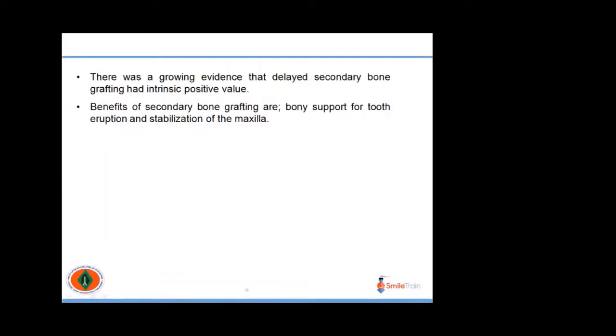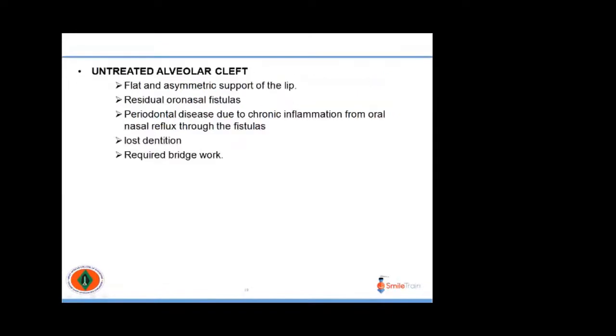What are the problems with alveolar cleft if it's not treated? We have flat and asymmetric support of the lip, residual oronasal fistulas, periodontal disease due to chronic inflammation from the oronasal reflux through the fistulas, and there may be a possible loss of some teeth, which might later in life require bridge work, dentures, or some other procedures to replace those missing teeth.